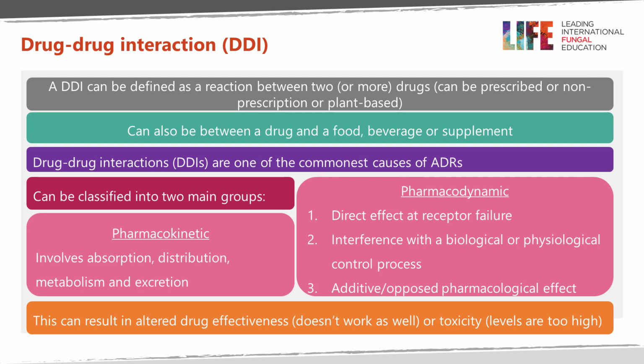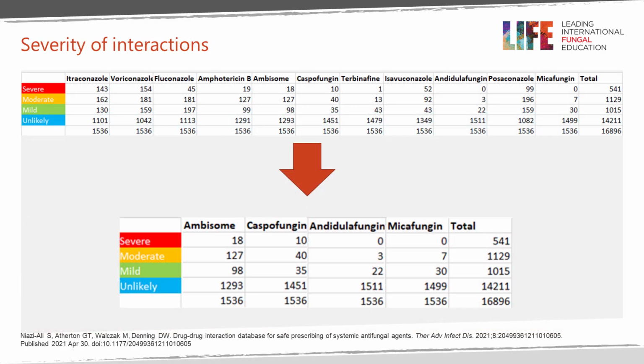Now this can lead to altered drug effectiveness, meaning the drug doesn't work as well, or you can get toxicity where the levels are so high that it's affecting that particular person and it's too much for them. When looking at severity of interactions, azoles have a lot more severe interactions than Ambisome and the echinocandins.